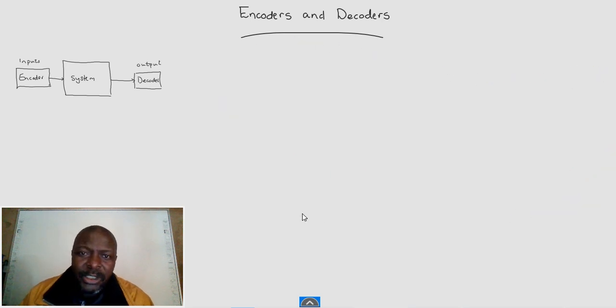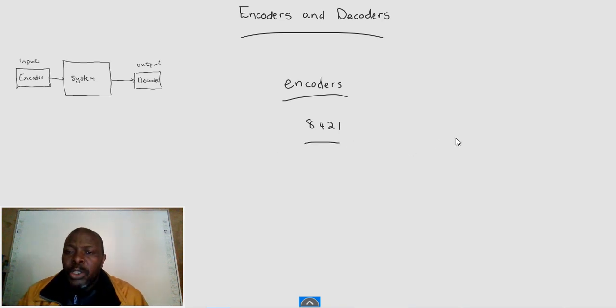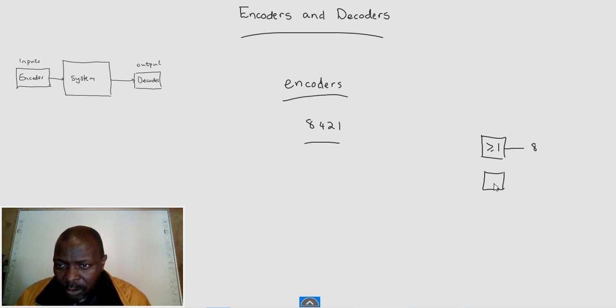When we were doing the encoders, particularly with the 8421 encoder, remember that we have our 8, our 4, our 2, and our 1.